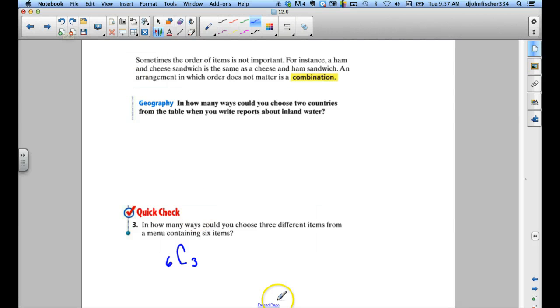Another way of thinking about this is that a combination is the permutation divided. This would be equal to 6P3 over 3P3. So in other words, the formula for combination is taking the 6P3 divided by 3P3.